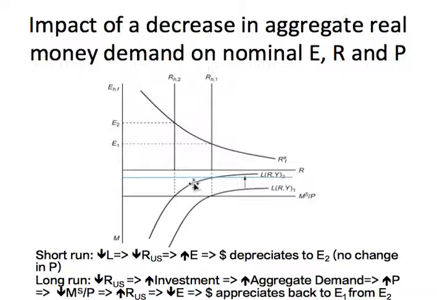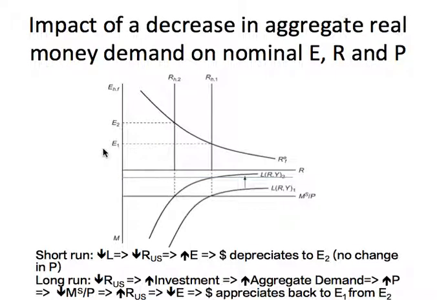So remember, in the short run the interest rate dropped from R1 to R2, but in the long run, when money supply shrinks from this black horizontal curve to this blue curve, then interest rate again comes back to its original position, R1.